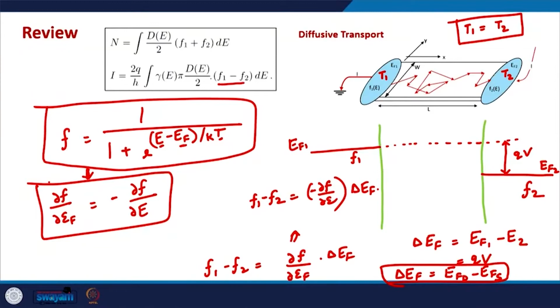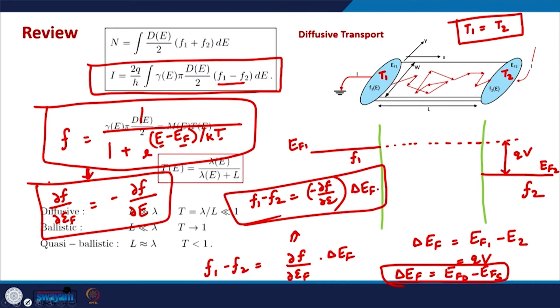Now we are in a position to calculate the conductance, because in the current equation we just need to replace F1 minus F2 by this.